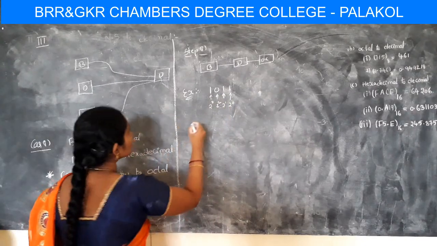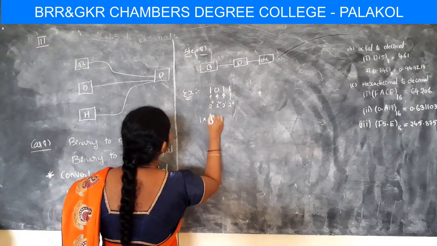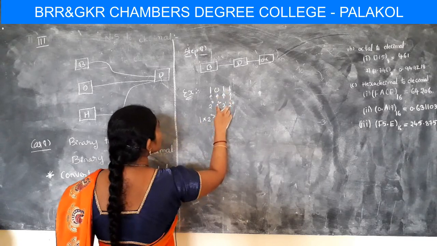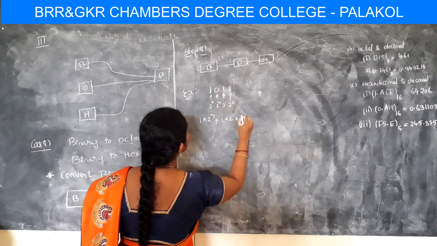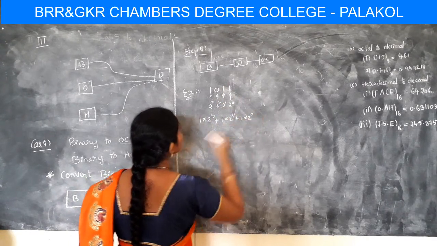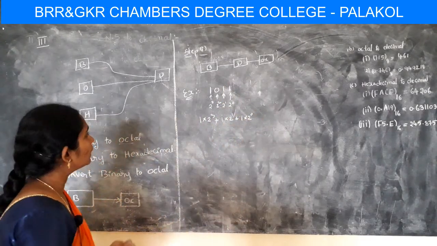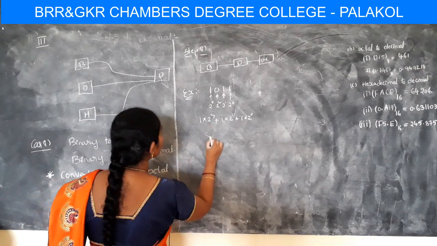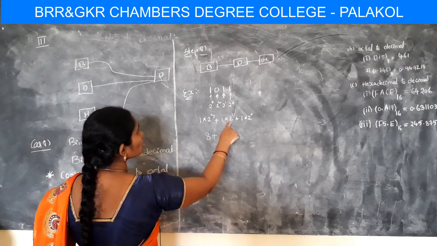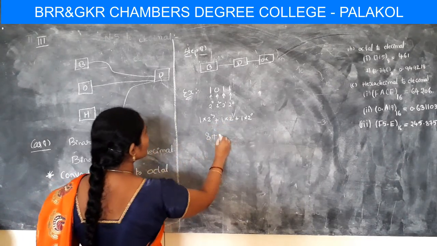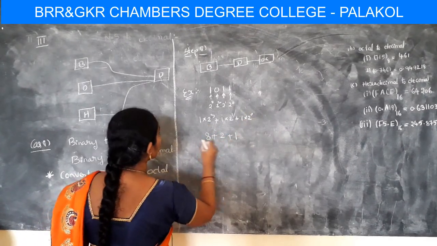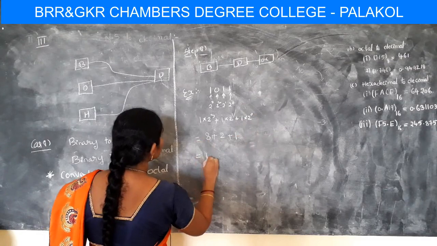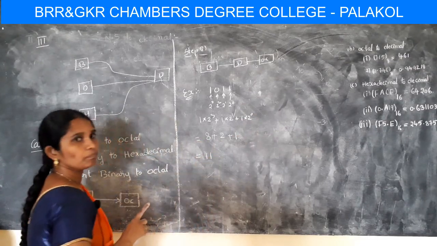So that means 1 into 2 cube plus 0, plus 1 into 2 power 1, plus 1 into 2 power 0. The 2 cube is nothing but 8, plus 1 into 2 power 1 is 2, plus 1 into 2 power 0 is 1. Therefore, the value is 11.